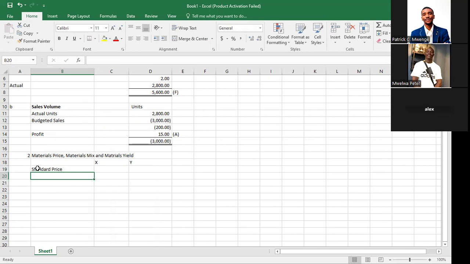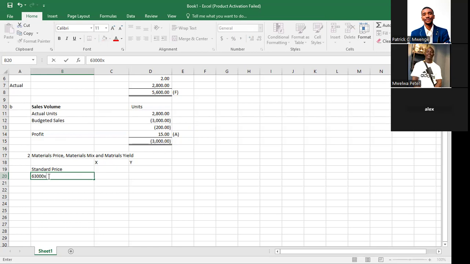It simply means we bought 63,000 kgs for X and 112,800 for Y. Given what we budgeted for, how much were these 63,000 kgs of X supposed to cost? That's what standard means. We bought 63,000 for X, but how much were they supposed to cost had we followed the budget that we made?